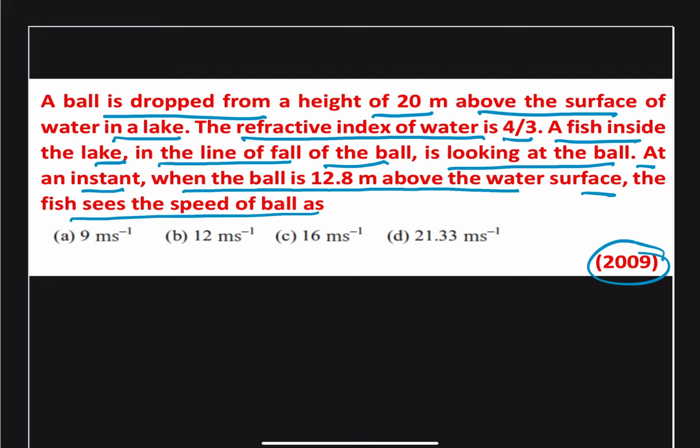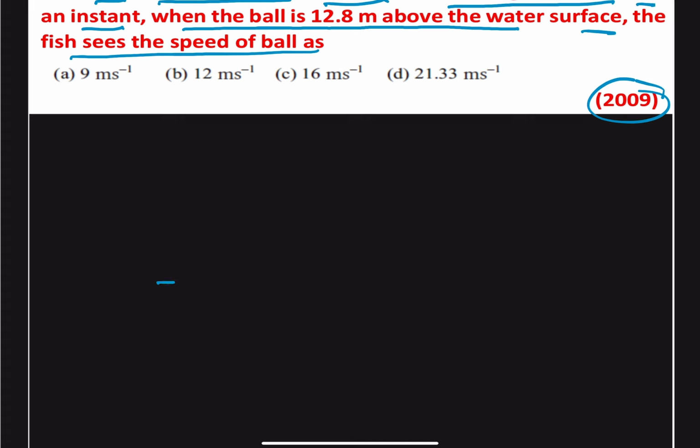So let us suppose this is our water surface, and the initial height of the ball is 20 meters, so the ball is somewhere here, and this height above the water surface is given as 20 meters, and it falls from the height.